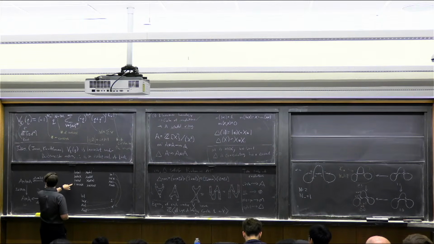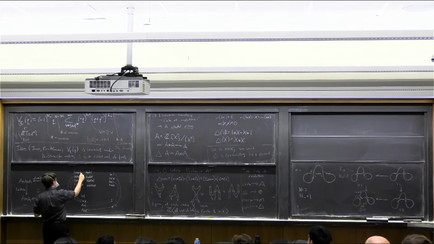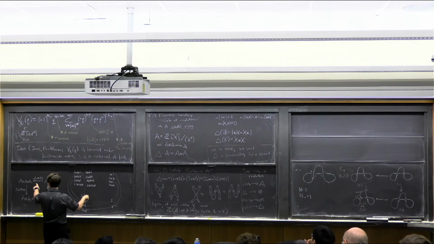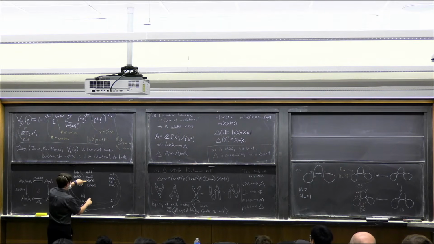The first circle isn't changing, and the last two are multiplying. So this goes to 1 tensor x. This goes to 1 tensor x. This goes to 1. Again, the first circle isn't changing. So this goes to x tensor x. This goes to x tensor x.